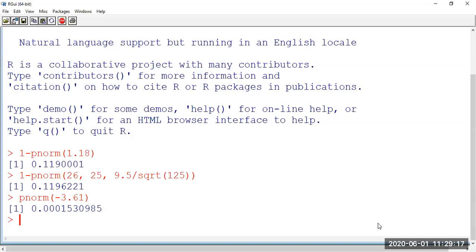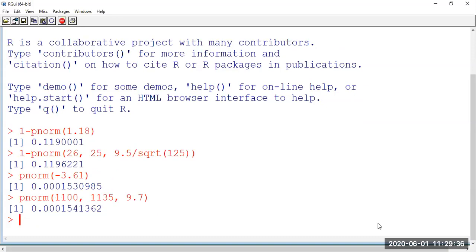Now this is when you use the z-score. When you use directly the given values, you type 1100, 1135 for the mean of the means, and 9.7 for the standard deviation of the means. So we get a very similar value, 0.0001541362. So now we need to answer the question, is this probability value less than 0.05?